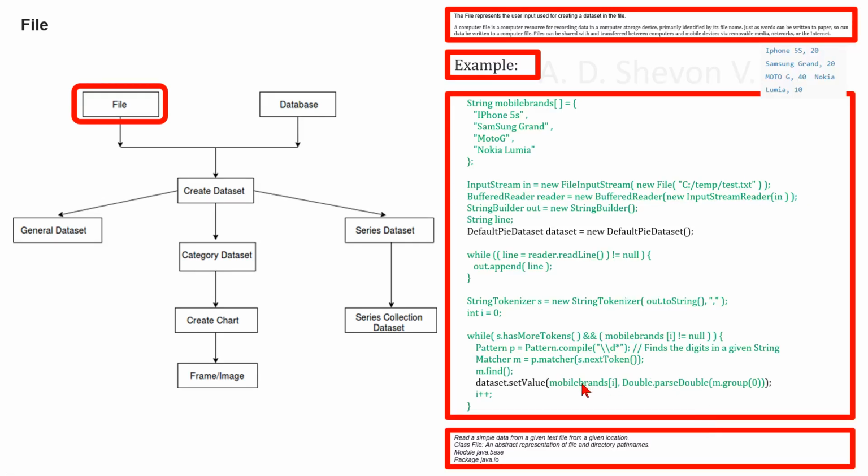As an example, we can consider this code segment. Here it reads simple data from a given text file from a given location.